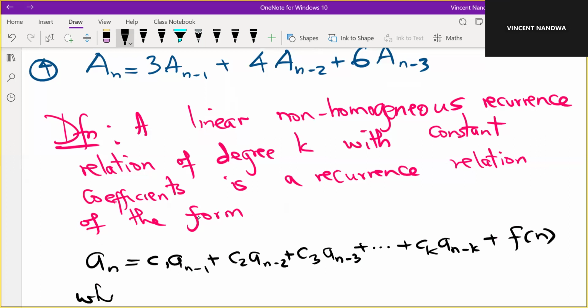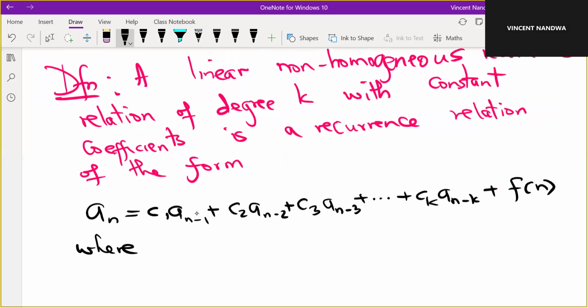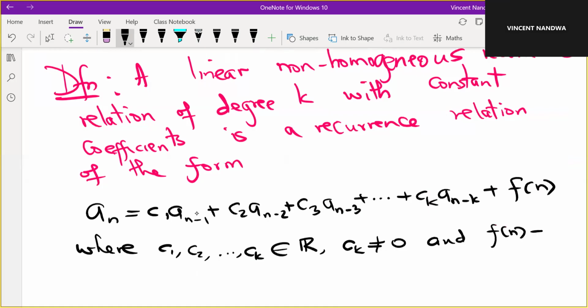where C1, C2, all the way up to ck are real numbers. Ck is non-zero, and f of n is also non-zero.